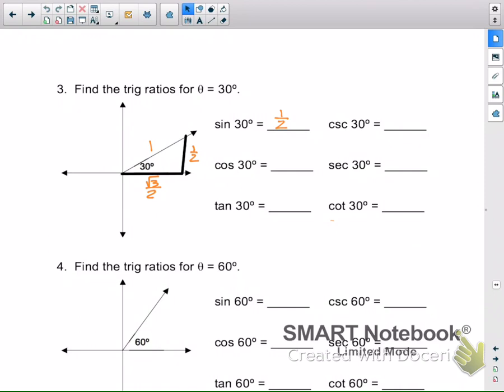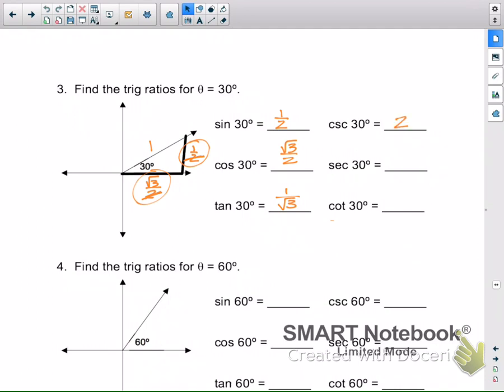Cosine is root 3 over 2. Tangent, remember, when you divide this by this, we did this in the chart, but if you divide two fractions that have the same denominator, what can we do? Ignore the denominator, and you're just dividing 1 by root 3. And how do I get the other 3? Flip.